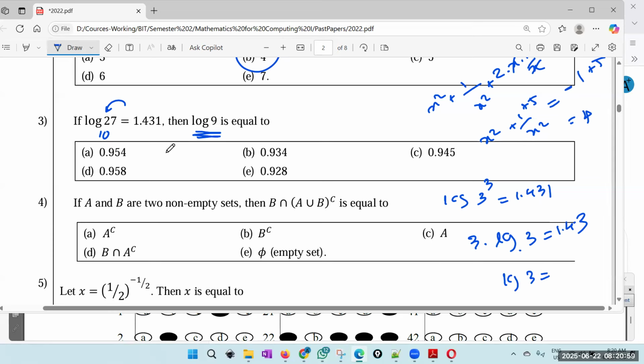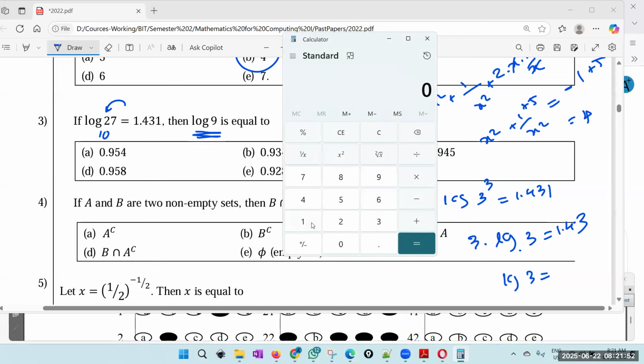So then you have log 27 and log 3. Log 9 is 3 to the power 2, okay, so let's divide this one also. I'll take the calculator. 1.431 divided by 3 is 0.476 or 0.48.